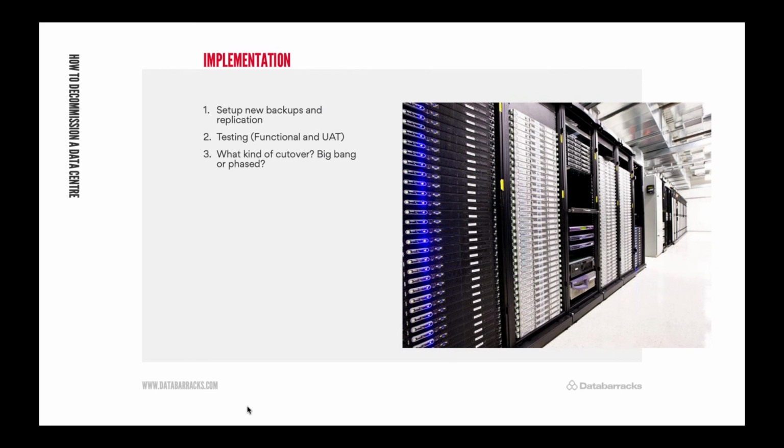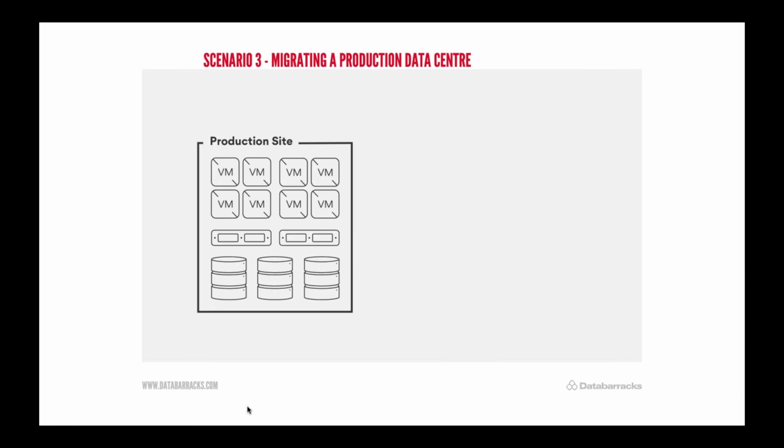On the other hand, if we're talking about decommissioning a production data center, that's something a little bit different. So I've got a second scenario here, and this is something that we can actually talk about from our own experience here at Data Barrack. We obviously have lots of customer systems that we host in data centers all over in the public cloud, but we're a medium-sized organization ourselves.